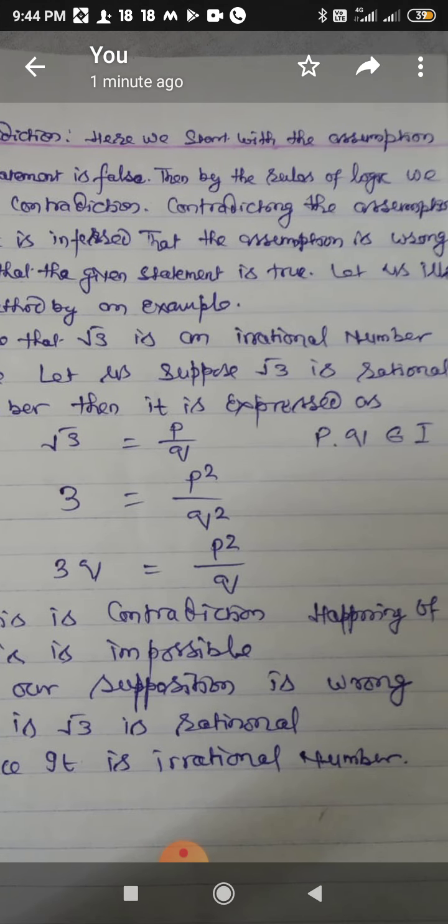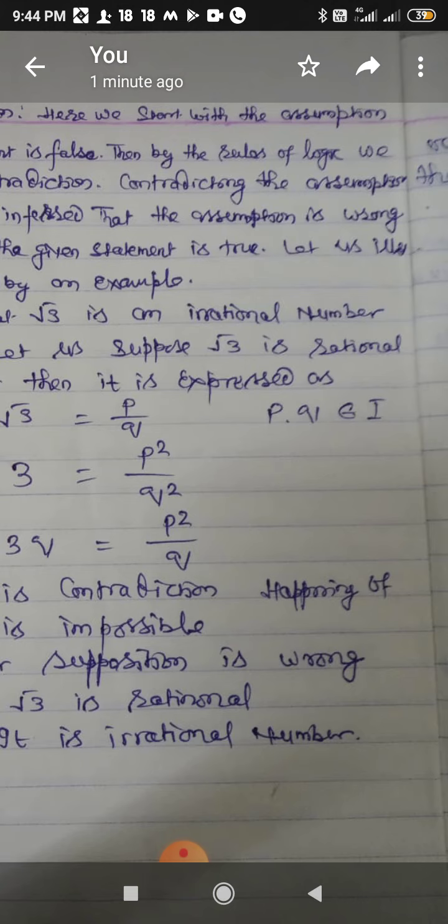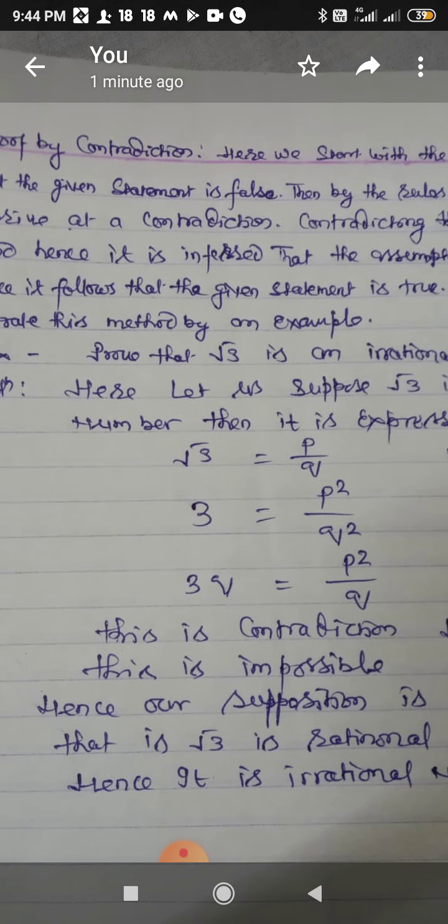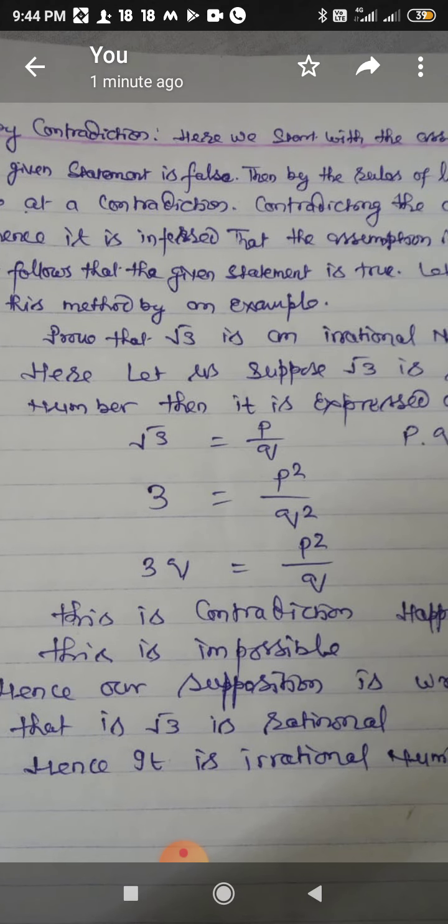Example: prove that root 3 is an irrational number. So, by the definition, we suppose the opposite of what is to be proved. Here we have to prove root 3 is an irrational number, so we suppose that root 3 is a rational number.